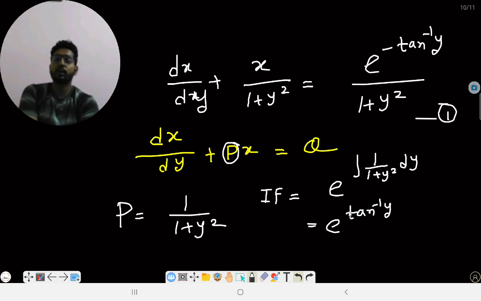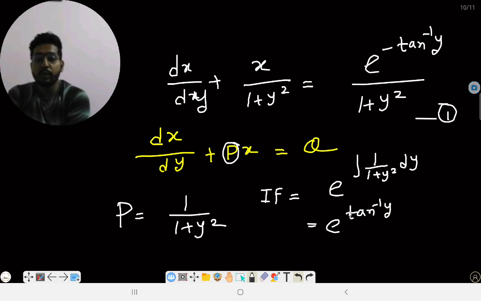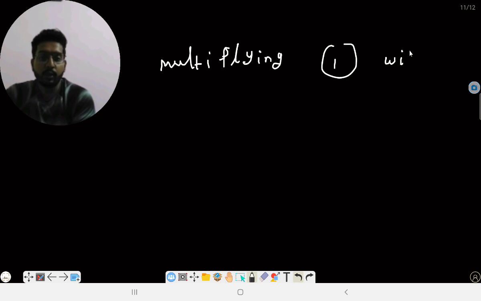So we got the integrating factor. What is the next step? You have to multiply the equation with the integrating factor. So now multiplying equation 1 with the integrating factor, that means the IF.